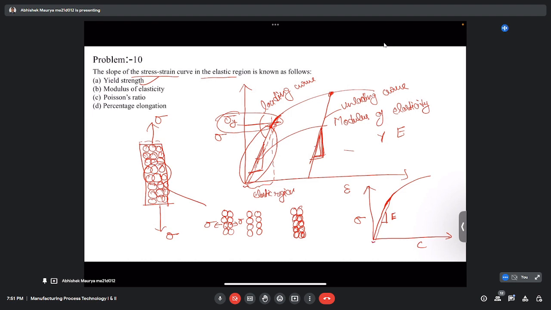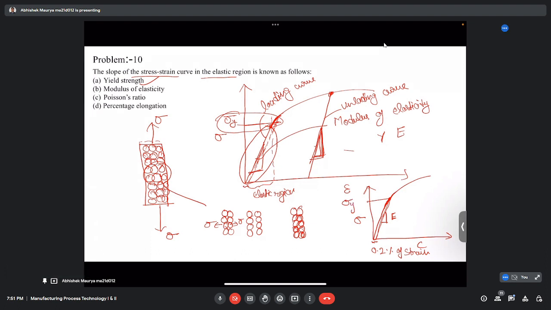And this offset is 0.2 percentage of strain. Okay, so after this offset, we'll draw a straight line. Wherever it will intersect, the corresponding stress value is called the yield strength or sigma y.